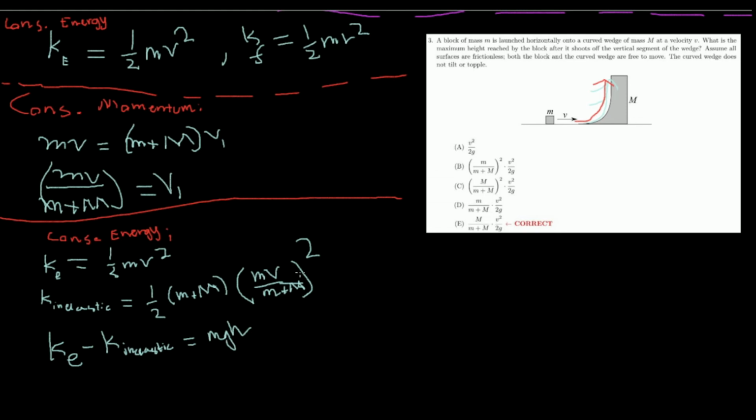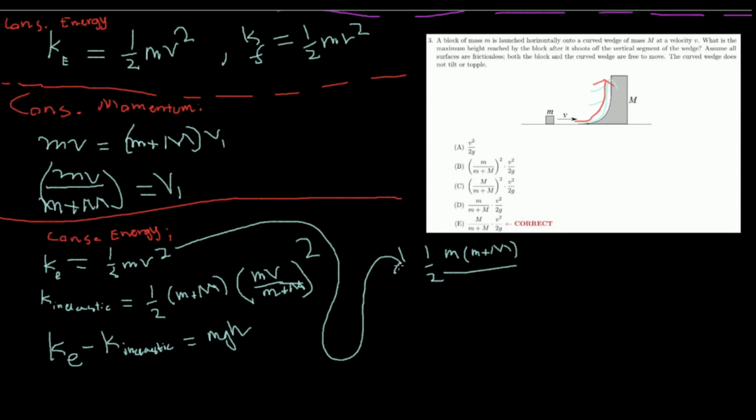Well, we could just common denominatorify. So we have 1/2 m, and we multiply the numerator and denominator of this KE by m plus big M. And this way, when we subtract K inelastic, we just have m squared V squared over m plus M, and this whole thing squared.